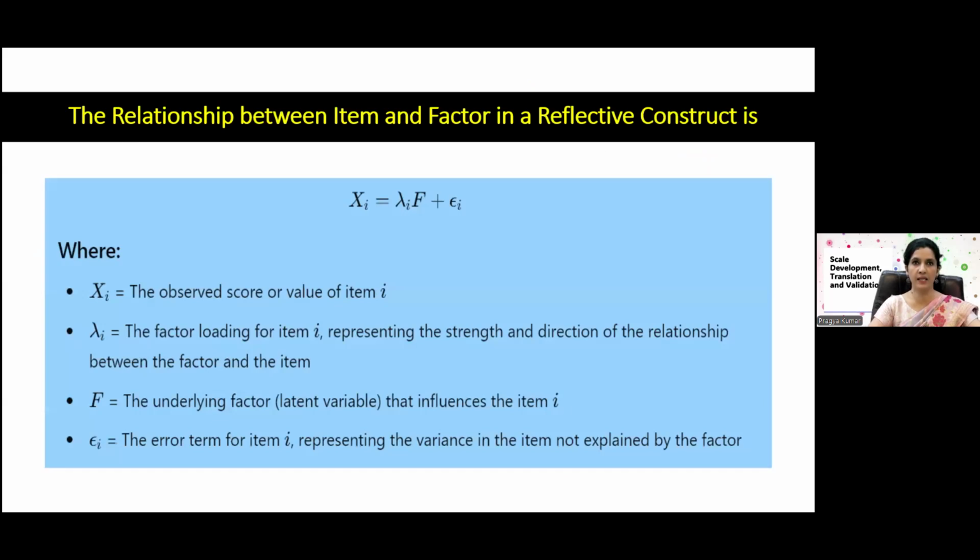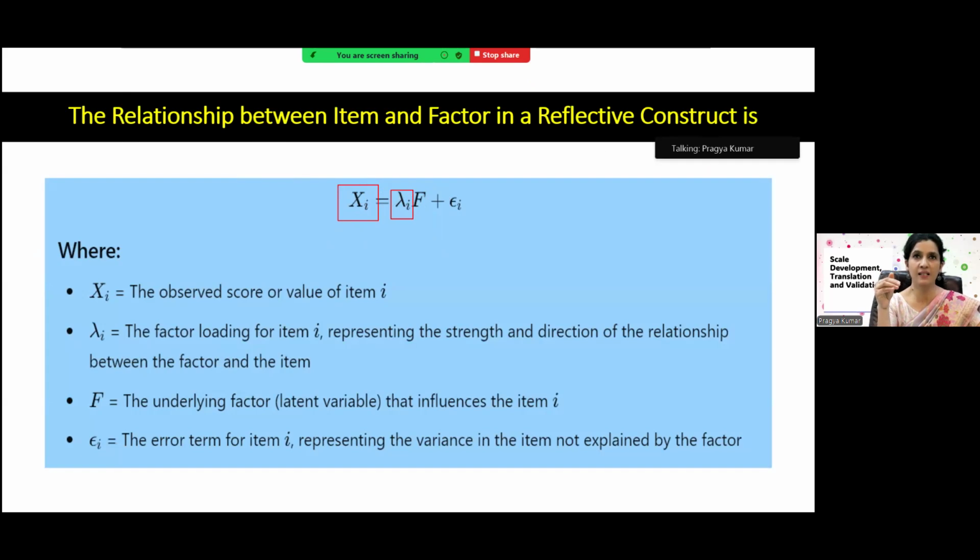So xi is the score of that particular item. What is this lambda i? This lambda i is the factor loading. We'll see this in the factor analysis, but it represents the strength and direction of the relationship. It is a linear equation.